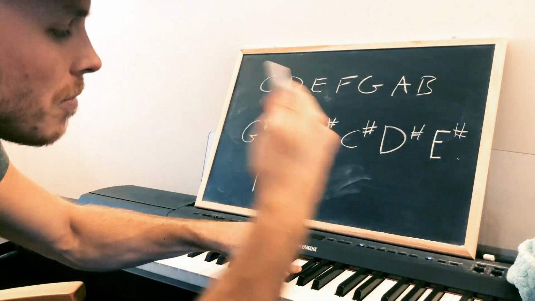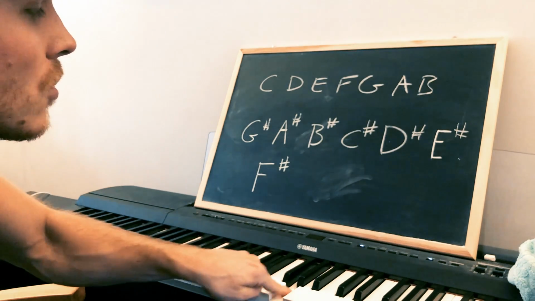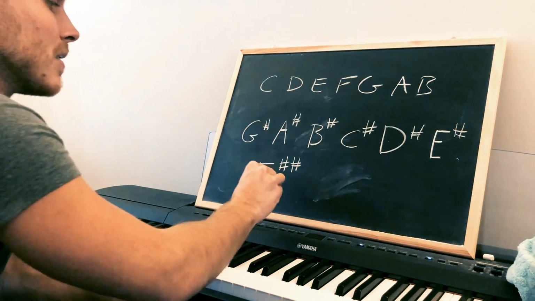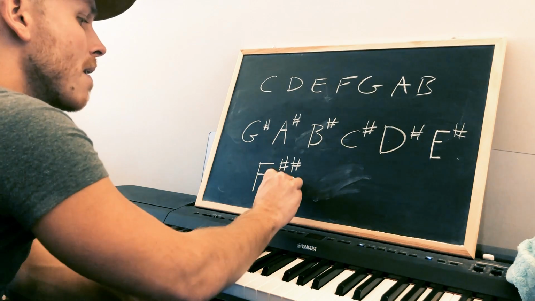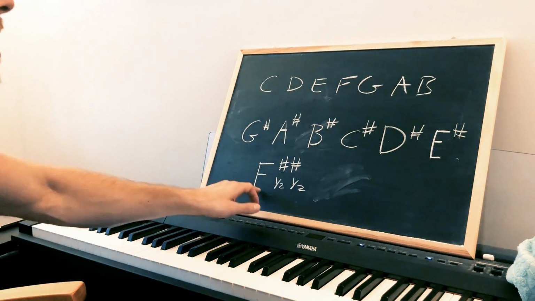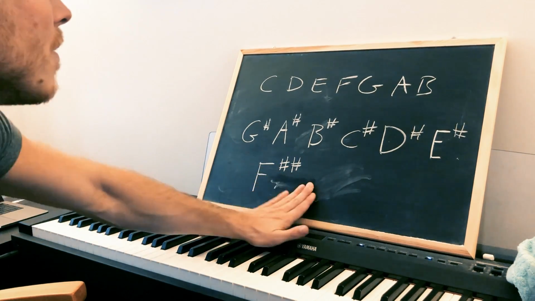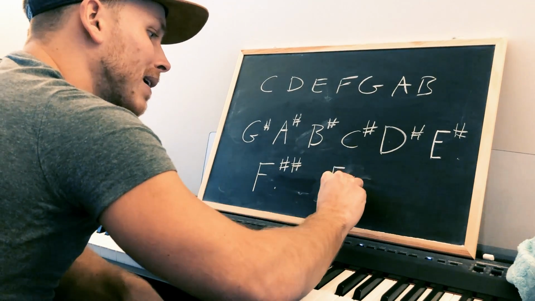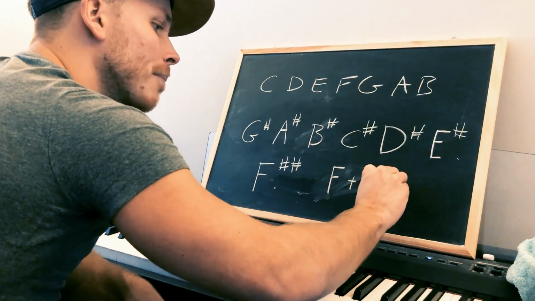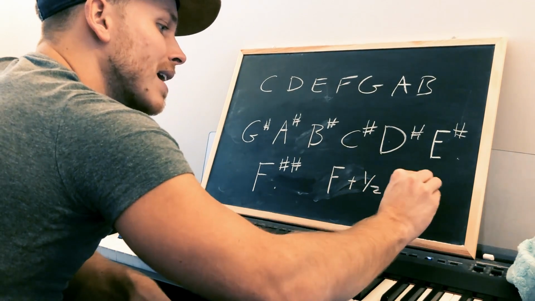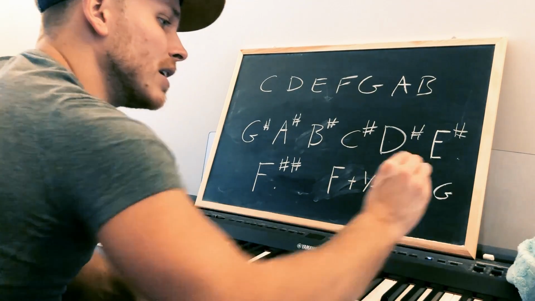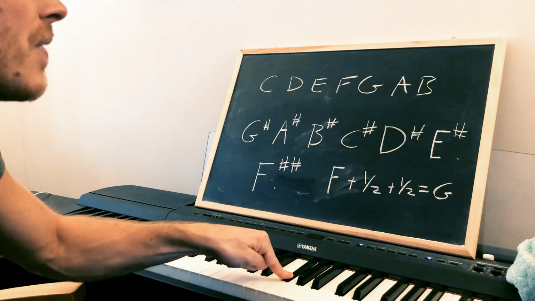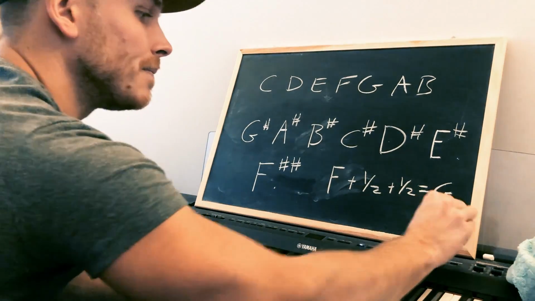I need to end up one note further, what is normally the G. So I'm simply gonna write another sharp, because this means half a note up, half a note up. So basically what this is saying here, F double sharp, is F plus half a note plus half a note. And that is G.